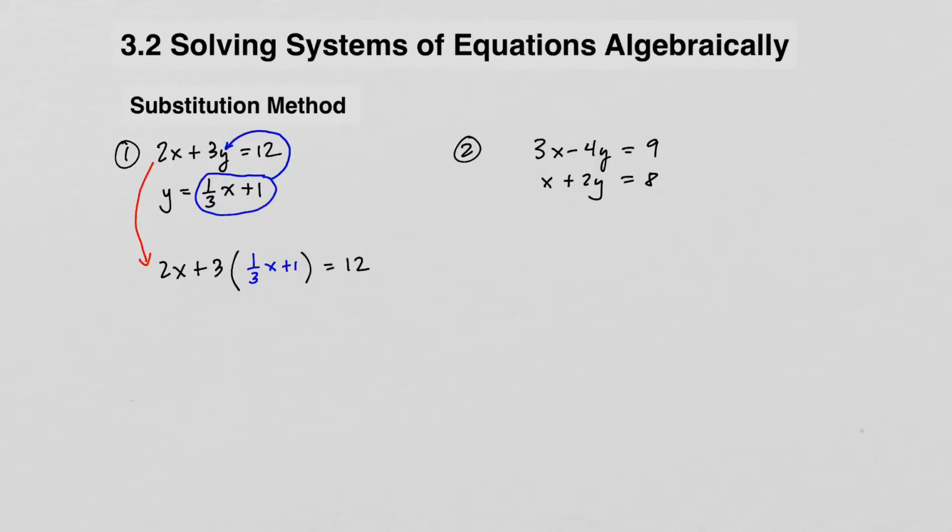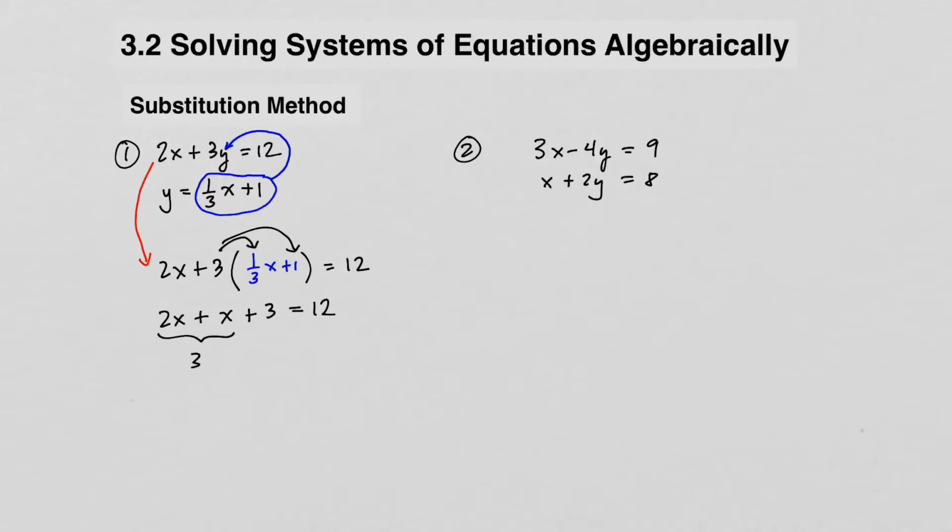is equal to 12. And by substituting, notice that what you've done is you've taken that first equation, which used to have two variables, and now it only has one variable. And that means you can solve it for x. So let's go ahead and solve. This is 2x plus, if we distribute, 3 times 1/3 is 1, so we get 1x plus 3 times 1 is 3 equals 12.